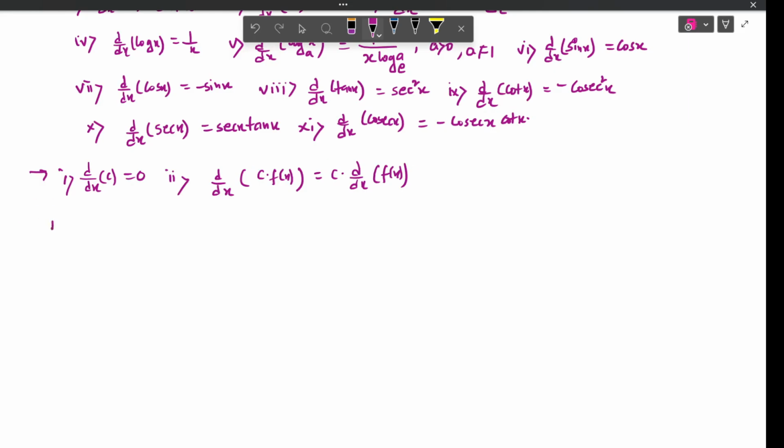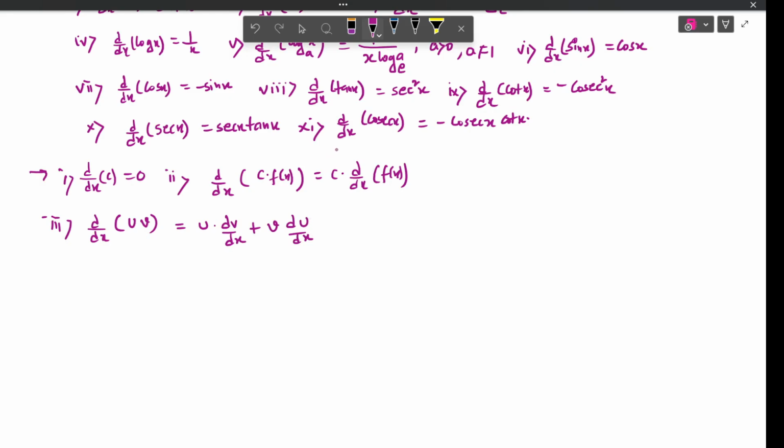We know the product rule, d dx of u into v, where u and v are functions of x, is u dv by dx plus keeping v outside du by dx.